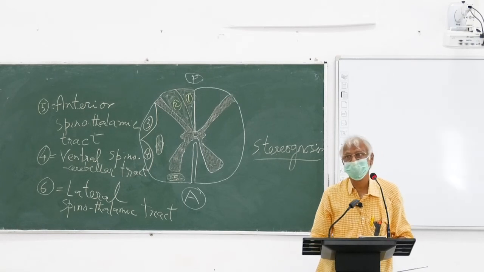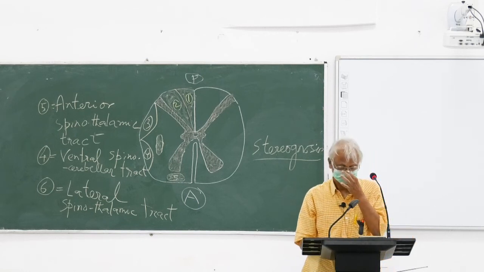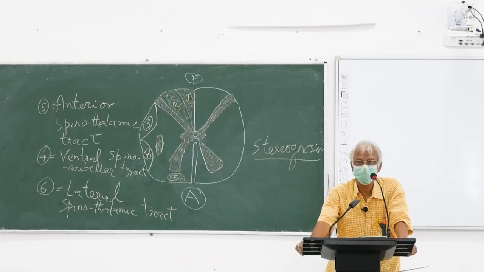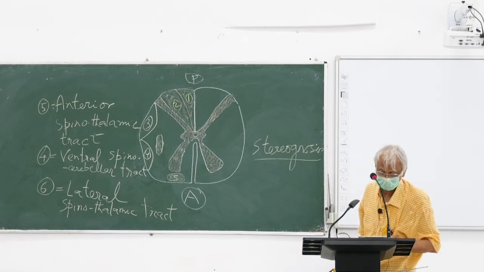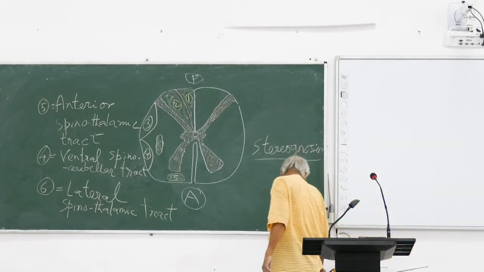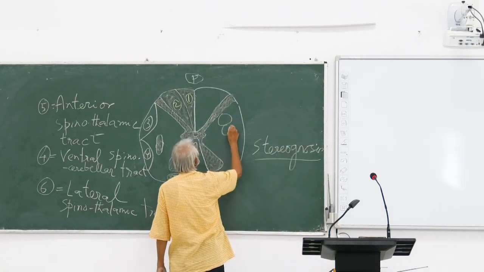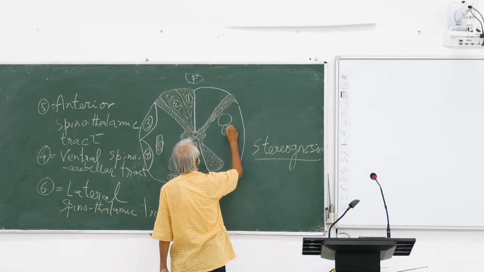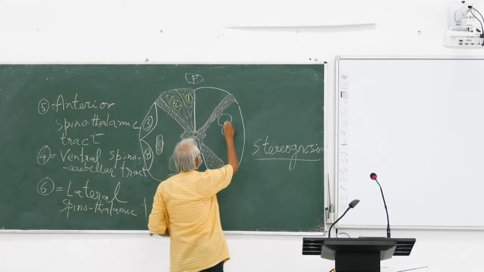These are motor fibers or descending fibers, fibers coming from above downwards. So we start from 7. Seven, 8.